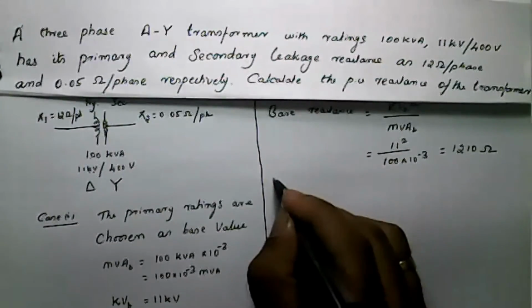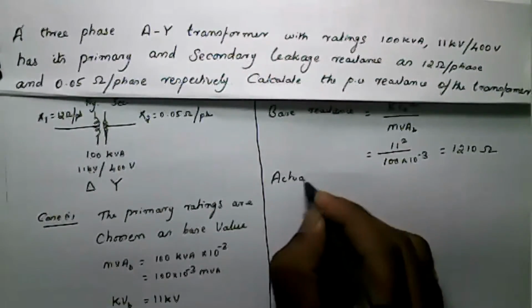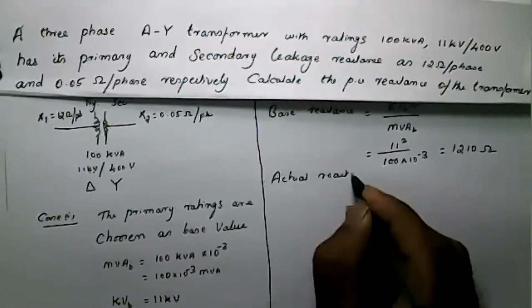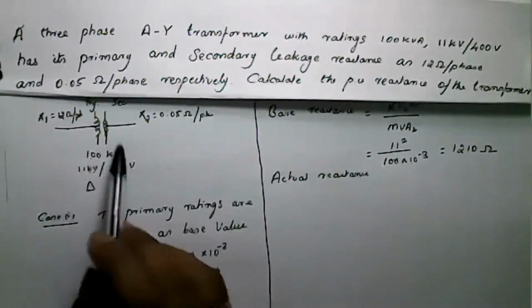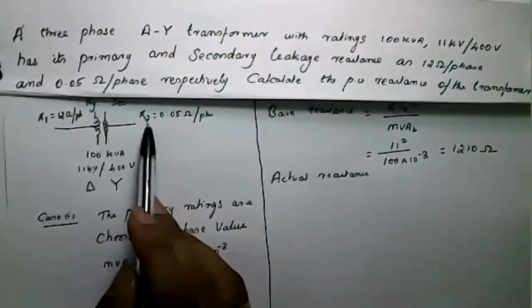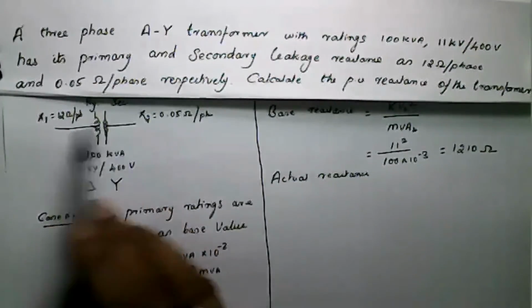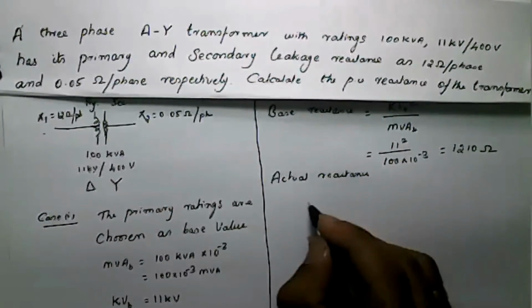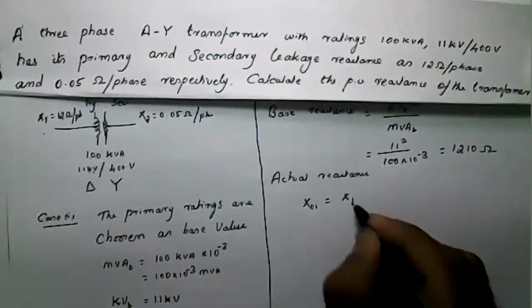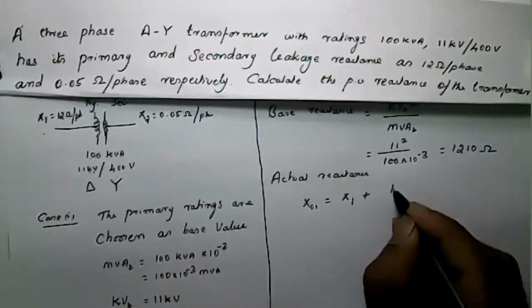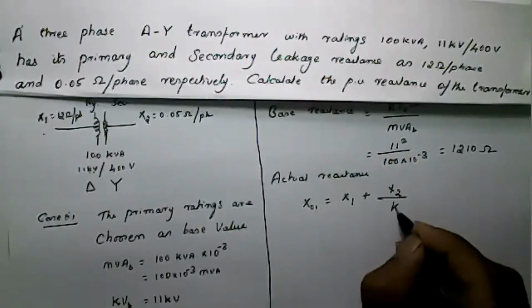Then calculate the actual reactance. Here we transfer the secondary side reactance value into the primary side. That is X01 is equal to X1 plus X2 divided by K square.